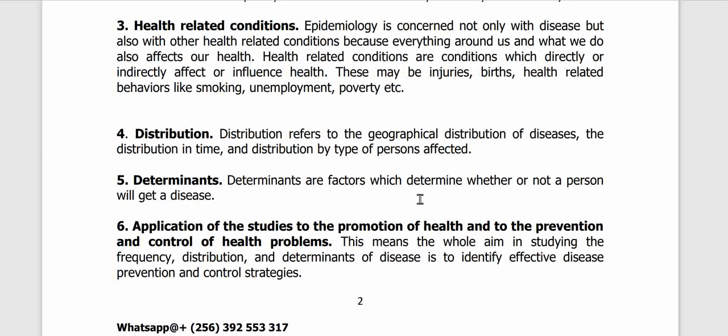So why should we be asking for the frequency or the occurrence of a disease? Why should we be trying to investigate the geographical distributions of a disease? That is because we want to come up with a strategy that can help in the prevention of such disease and also the control of such disease.